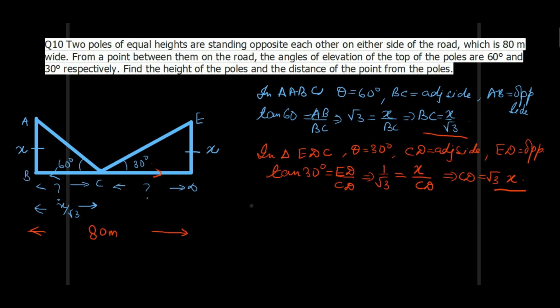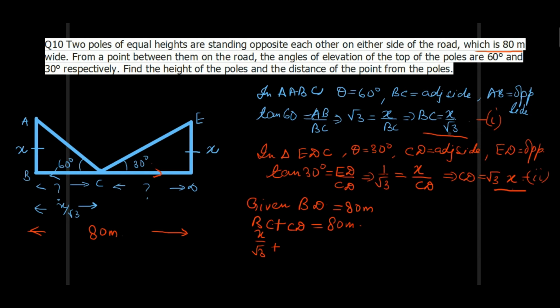See, BD is 80 meter, the road is 80 meter wide and the poles are standing on either side of the road. So how will we get BD? BD will be BC plus CD. So BC plus CD is equal to 80 meter. Now BC we found is x by root 3, so put the value x by root 3 and CD is root 3x. So this is suppose 1, this is suppose 2.